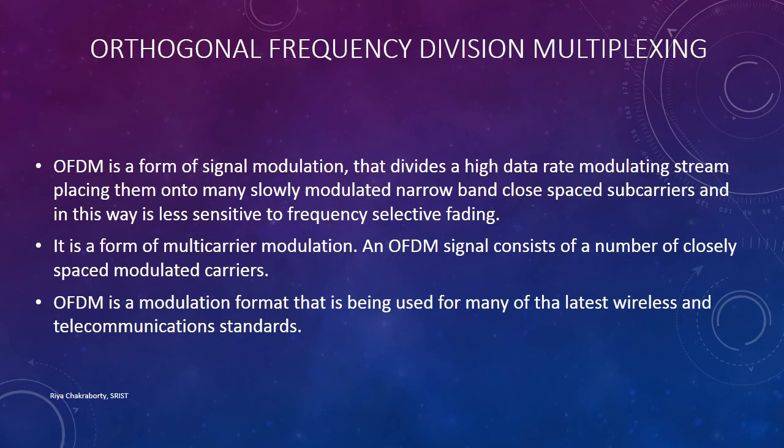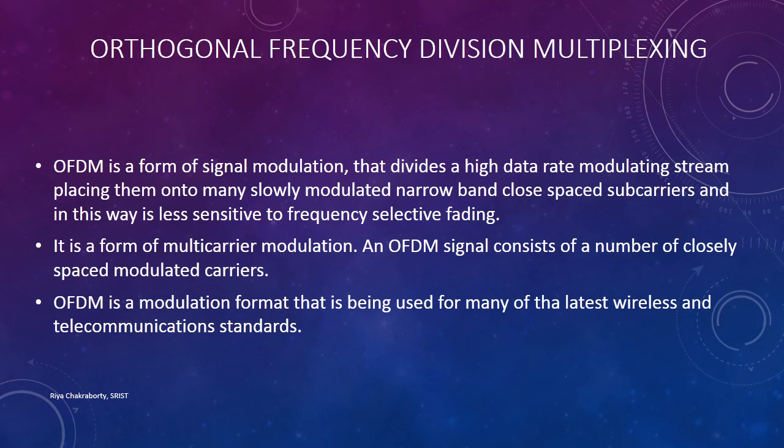Now the part orthogonal frequency division multiplexing, short form OFDM, is a form of signal modulation that divides a high data rate modulating stream, placing them onto many slowly modulated narrowband subcarriers, and in this way is less sensitive to frequency selective fading.